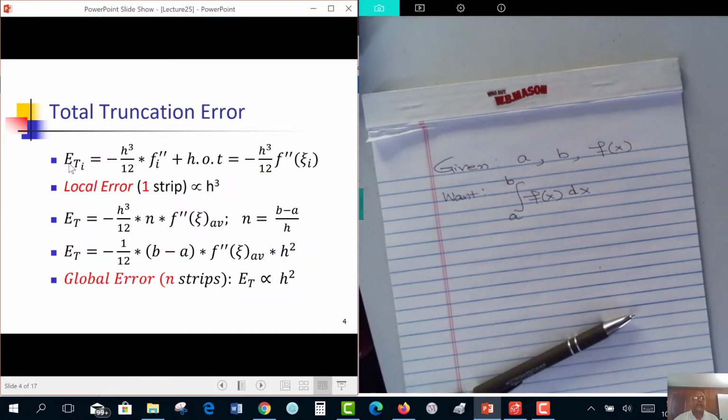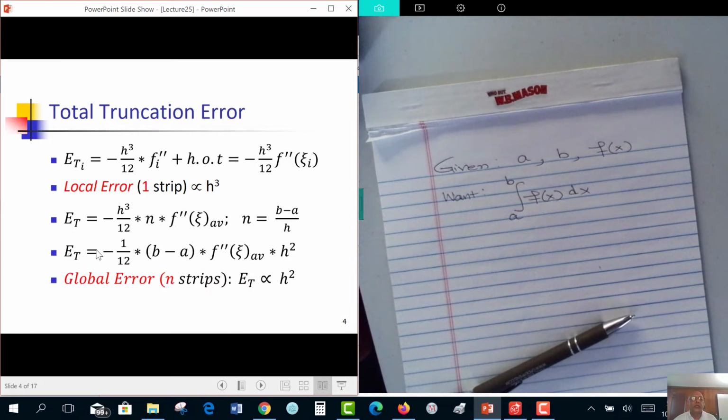Then we looked at our truncation error and we found that for one strip, the truncation error was minus h cube over 12 times the second derivative at some value zeta i on that ith strip. So the local error, that is for one strip, is proportional to h cube. When we sum up all the local errors, we get h cube over 12 times n times some average second derivative value. n is of course b minus a over h.